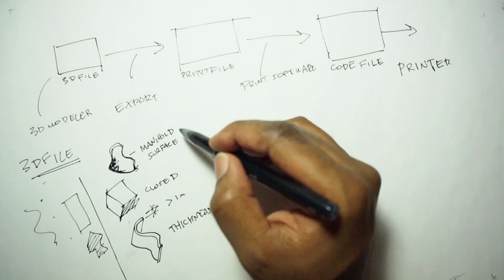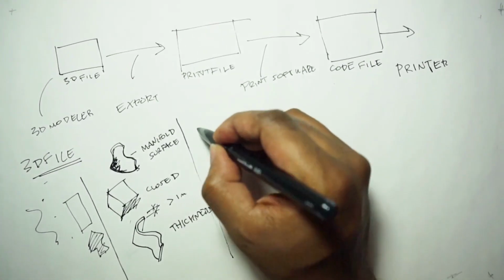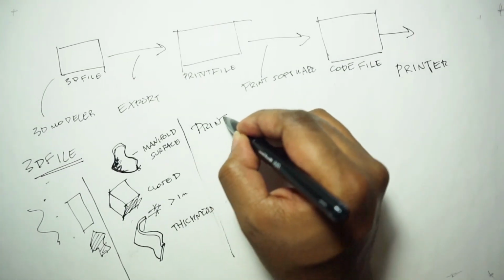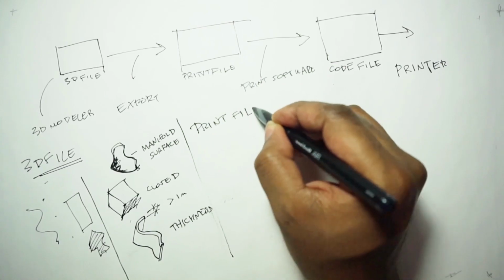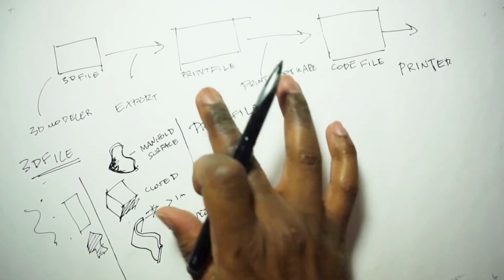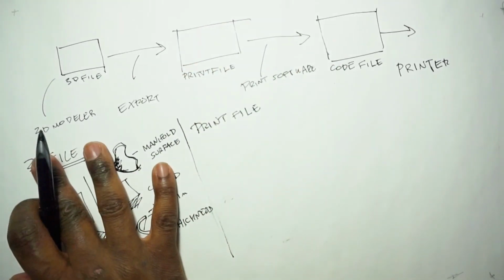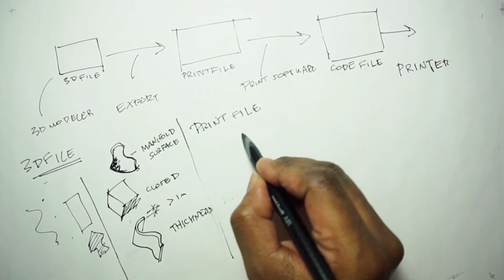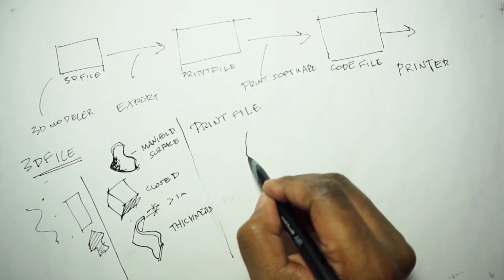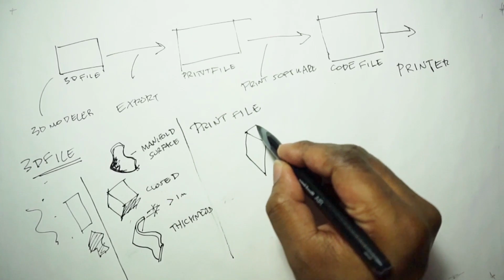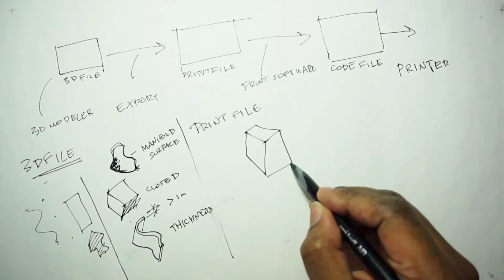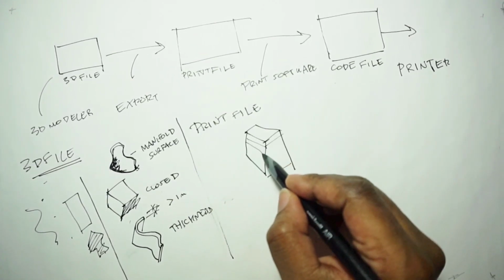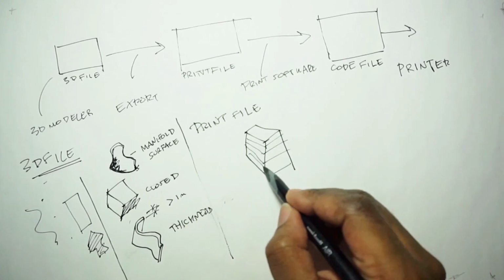For a print file, the next step is that it's going to take all that information and turn it into simple layers. So if you have an object like this, it's going to slice each one of these into layers.